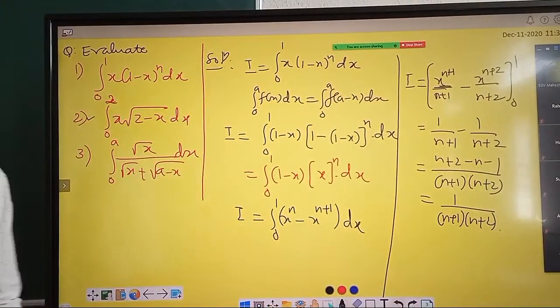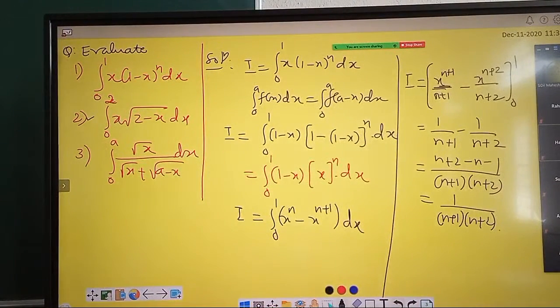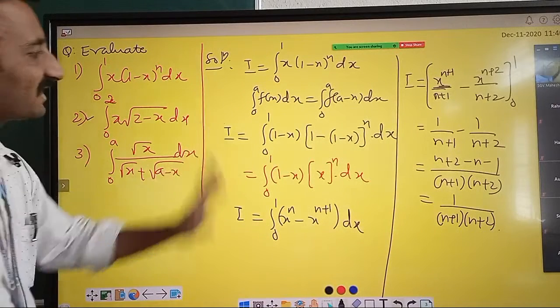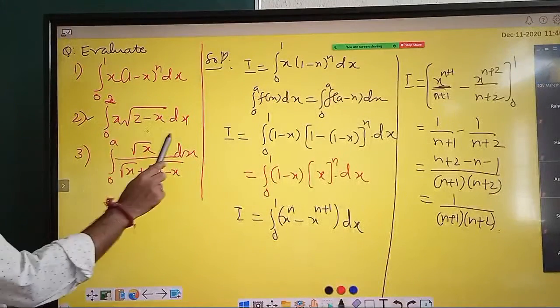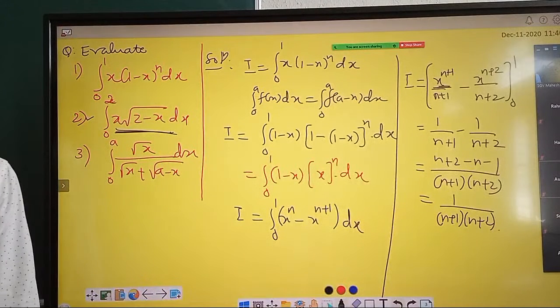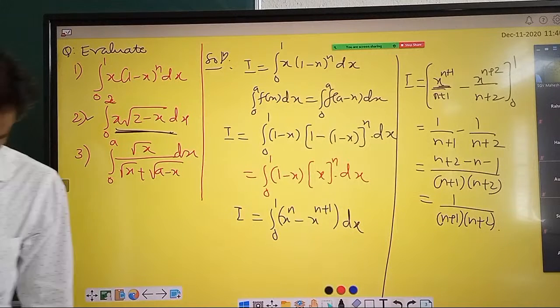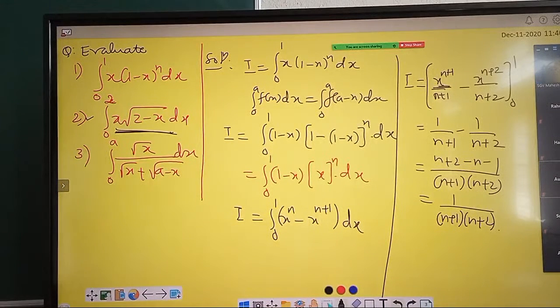Second, start buddy. Those who have completed the first one, start the second one. The second problem is very simple. Start the second problem.